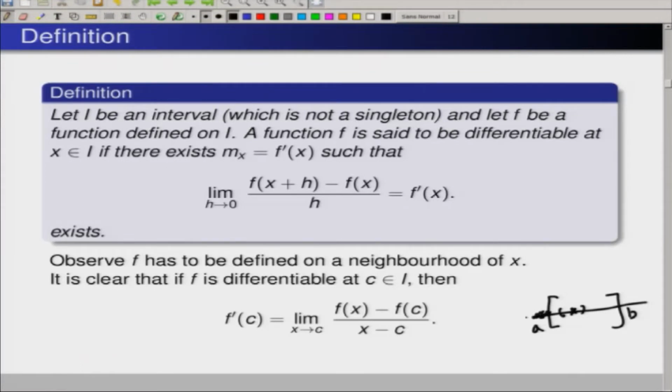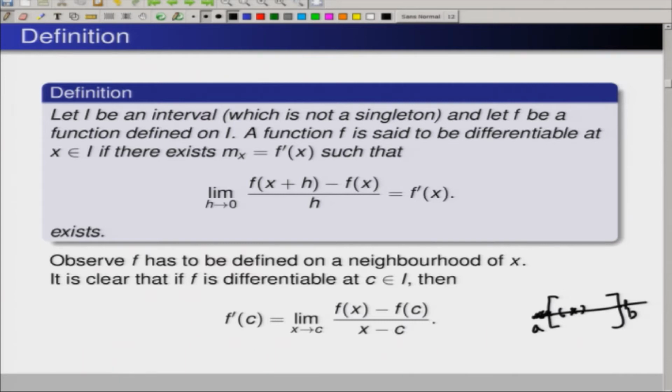That means I do not have any information about the function on this side. Similarly at b, I do not have the information from b to b plus h. So, I cannot talk of the derivative at the end point. So, whatever interval we are taking, except the end points, we are talking about the derivative of the function if it is a finite interval.